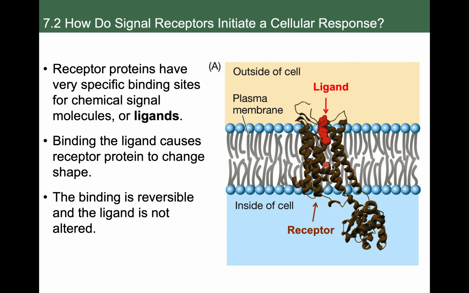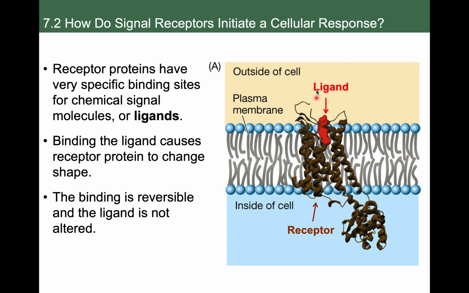You can see here the brown structure embedded in the membrane is a receptor protein. This would be an example of an integral transmembrane protein. You can see the receptor goes all the way through the membrane.